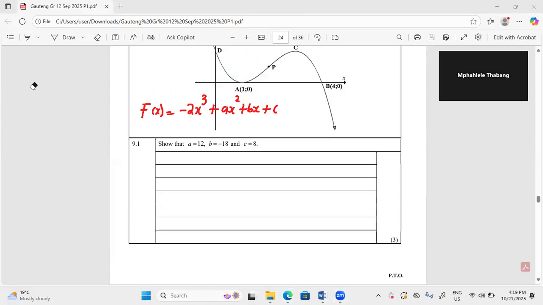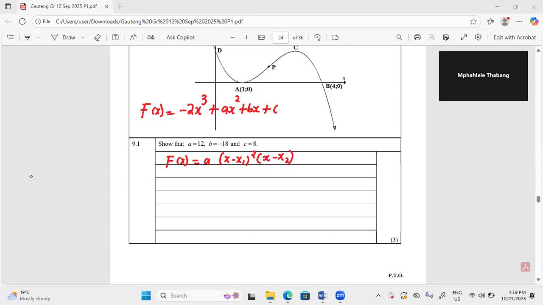We use this formula. We say f of x equals a times (x minus x1) squared into (x minus x2).